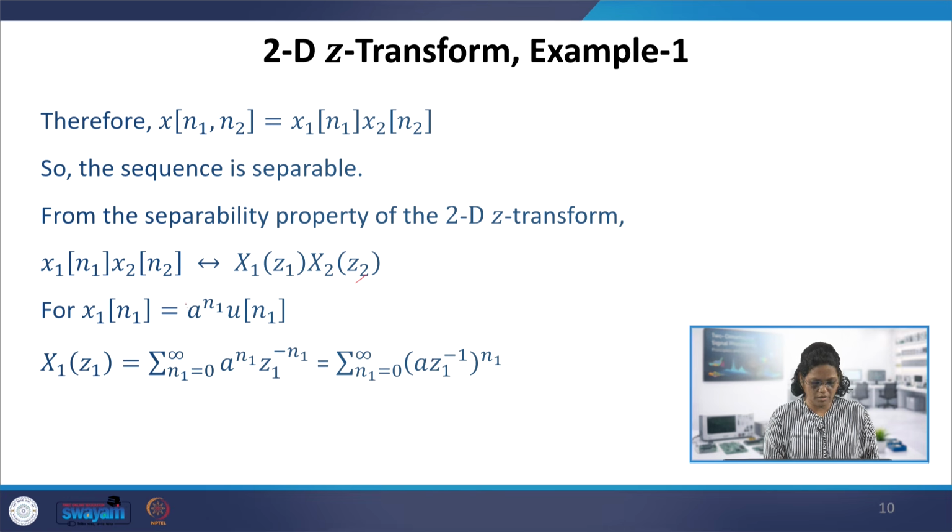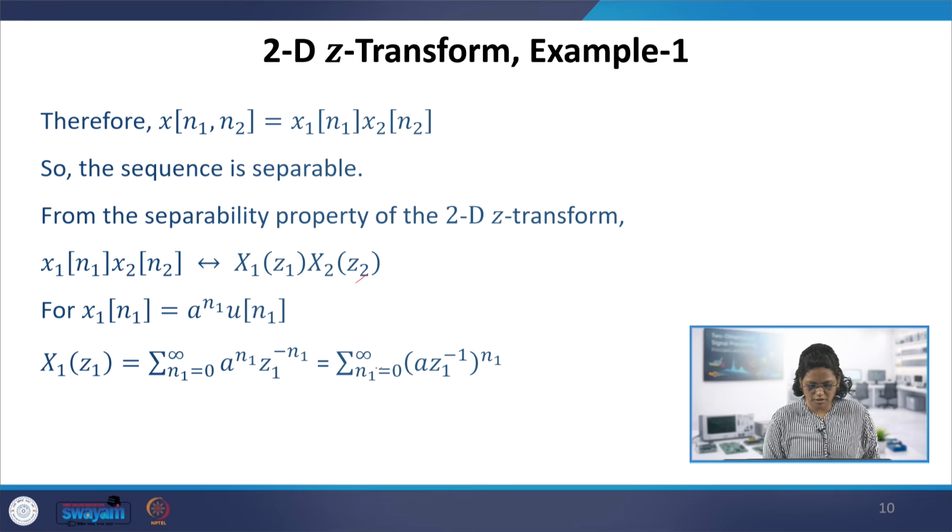So what is the Z transform of the first sequence x1 of n1? Because this is u of n1, n1 varies from 0 to infinity, and n2 can be of any value, which does not matter here because it does not depend on n2. So a power n1 u of n1 exists for n1 varying from 0 to infinity.